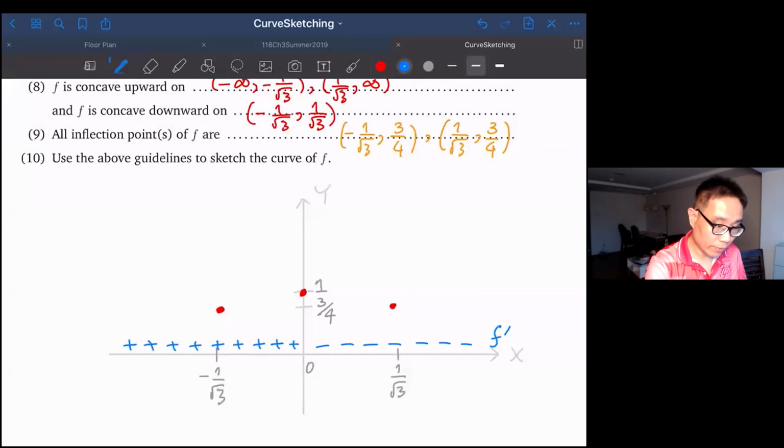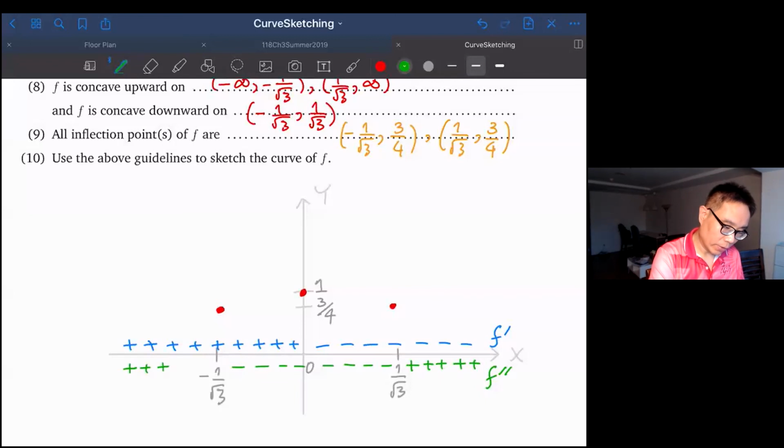And you have f double prime. So it becomes positive, concave up when x is more than 1 over root 3, and it's going to become negative between these two guys, and this one is going to be positive. Okay, and you have the negative side.